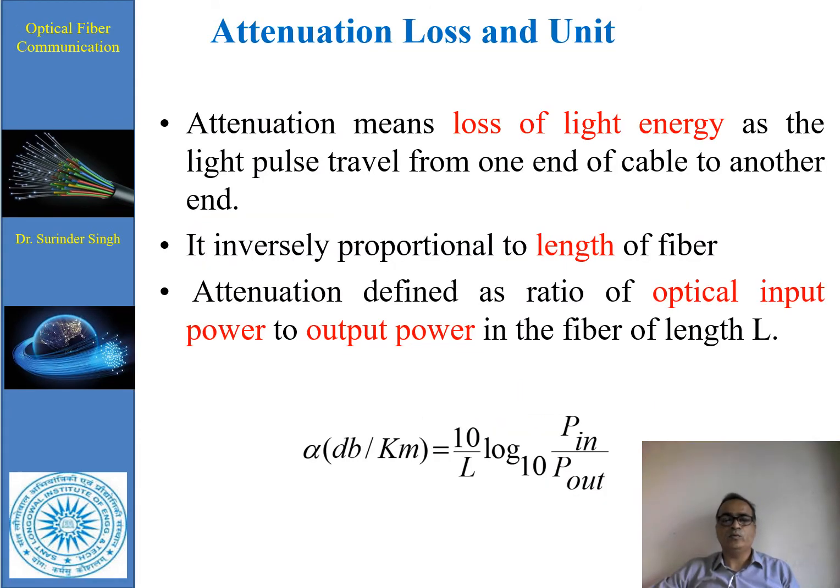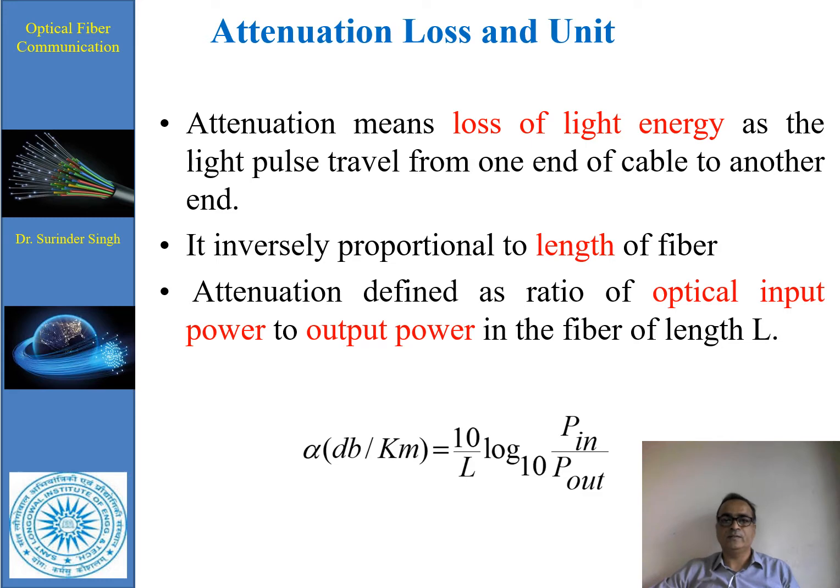Attenuation means the loss of optical energy, light energy, as light power travels across the optical fiber from one end of the transmission to the other end, the reception end.